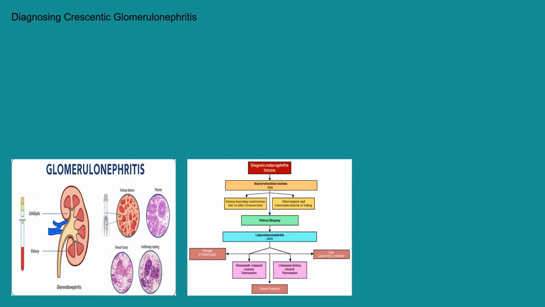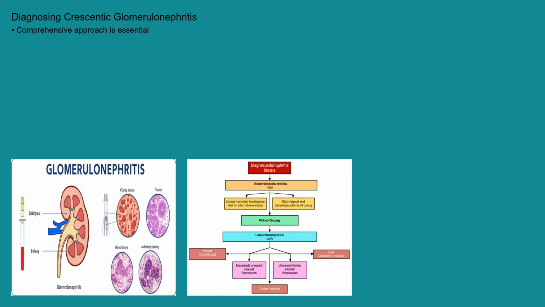Diagnosing Crescentic glomerulonephritis requires a comprehensive approach. The diagnostic process usually starts with blood and urine tests to assess kidney function and identify any abnormalities. A urinalysis can detect the presence of blood, protein, and cellular casts, which are cylindrical structures formed in the kidney tubules. Blood tests, including serum creatinine and blood urea nitrogen, are used to assess kidney function.